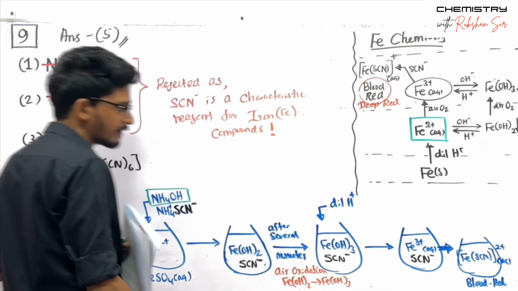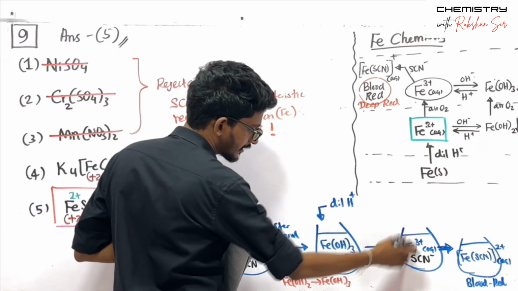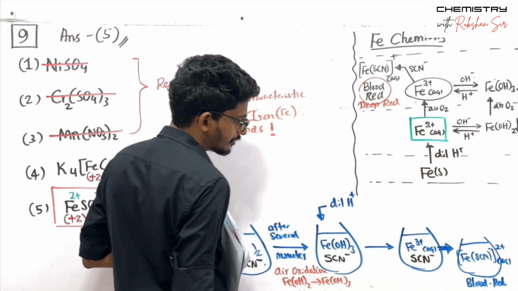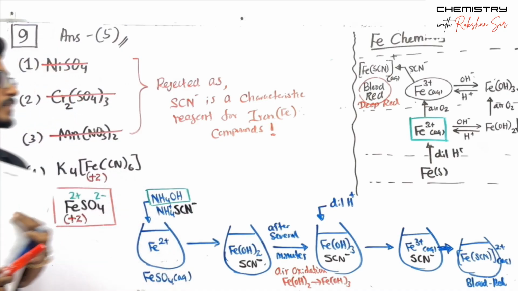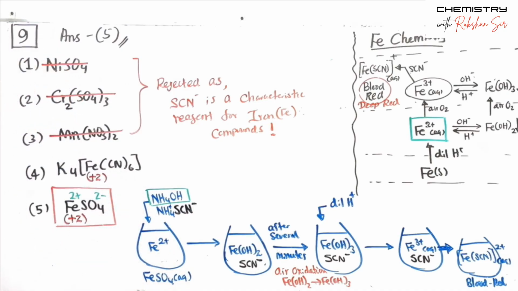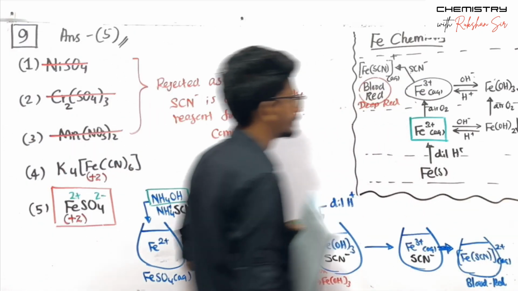That is why when you are adding H plus, when the FeOH3 is taken to Fe3 plus, the blood-red precipitate, the blood-red thing, was formed. This is the theory behind this thing.